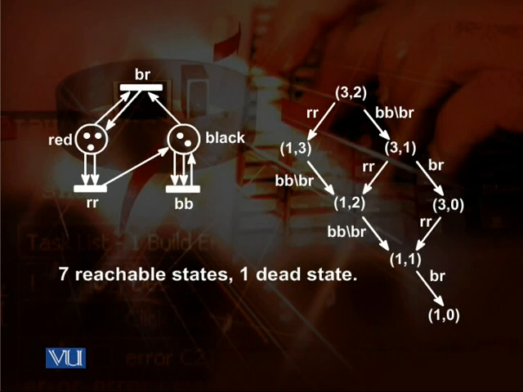From 1-2, we can fire BB or BR. That will take us to state 1-1, and from 3-0, we could fire RR. That will again take us to state 1-1. From 1-1, there is only one transition that is enabled, that is BR, because it requires 1 token each from red and black, and it will take these tokens and deposit 1 token into red, and we will get into the state 1-0.